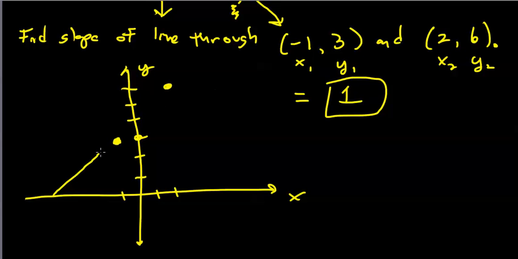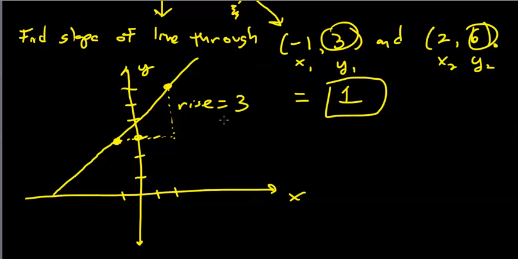So if I connect these 2 points, I can easily see that when I draw my slope triangle, my rise is going to be my difference in my y coordinates, namely 6 minus 3, and that's 3. My run is going to be the difference in my x coordinates, and 2 minus minus 1, that is also positive 3. And clearly my slope is going to be 3 over 3, or 1, which I calculated earlier.